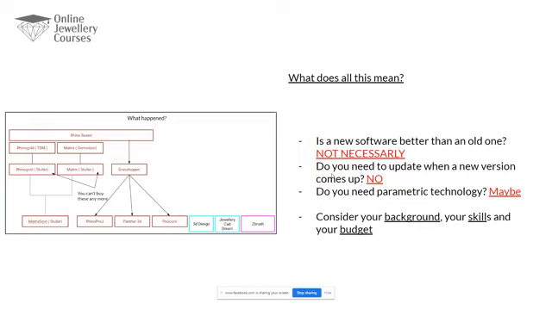Do you need to update every time there's a new version? Not really. In some cases, it's better not to do it. Personally, what I do is wait until somebody else does it and ask them if it's worth it. And if it's worth it, I'll do it. I did, for example, upgrade my Matrix 7 to Matrix 9 for one specific tool.